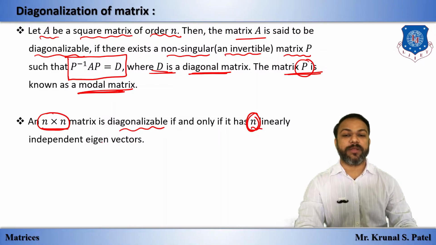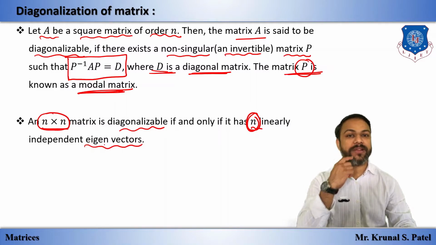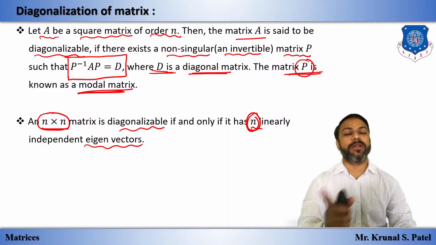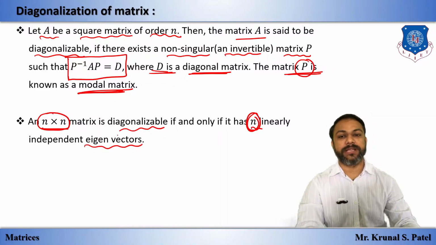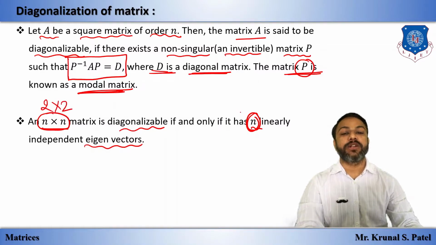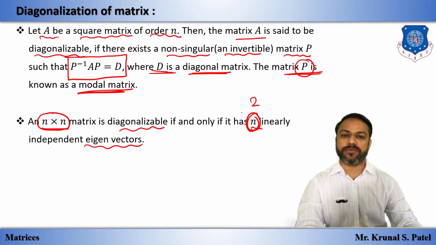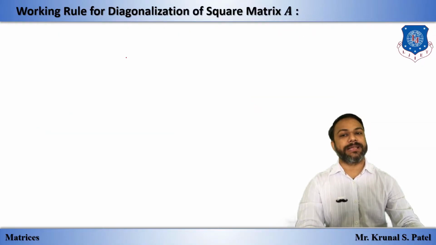We cannot repeat the same one; all the eigenvectors must be independent of each other, not dependent on any other vector. If the matrix is 2 cross 2, we need 2 linearly independent eigenvectors. In the same way, if the matrix is 4 cross 4, we need 4 eigenvectors.